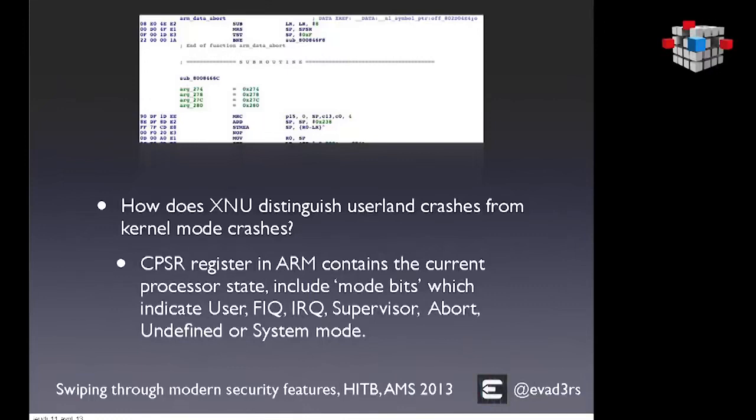So here's a little bit of background about the ARM architecture. There's a CPSR register in ARM that contains a bit field from bit 0 to bit 3 called the mode bits, and it basically tells the processor what mode it's in. There's a few different modes: user, FIQ, IRQ, etc. One of them is the abort mode, naturally.